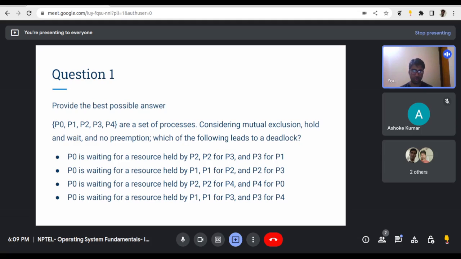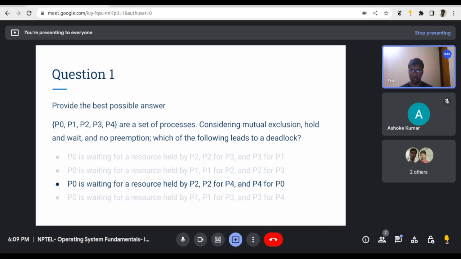Okay, I'll go to the answer now. Yes, the third condition leads to a circular wait, and therefore it leads to a deadlock. All three other conditions already exist, so that leads to a deadlock.